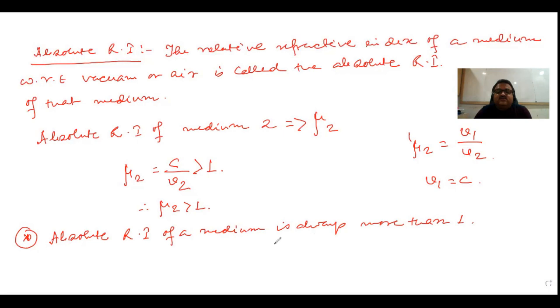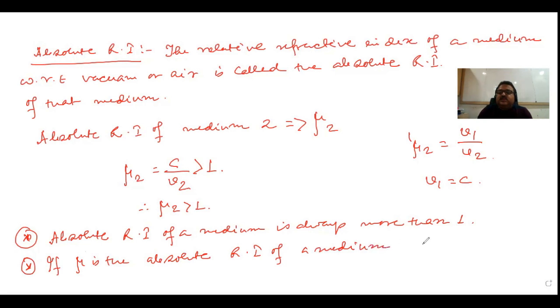So what we do, we write it like this. If mu is the absolute refractive index of a medium, then we should write the general formula as mu equal to C by V, where V is the speed of light in the medium.